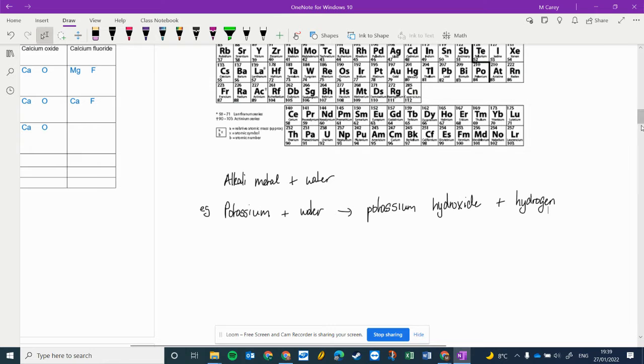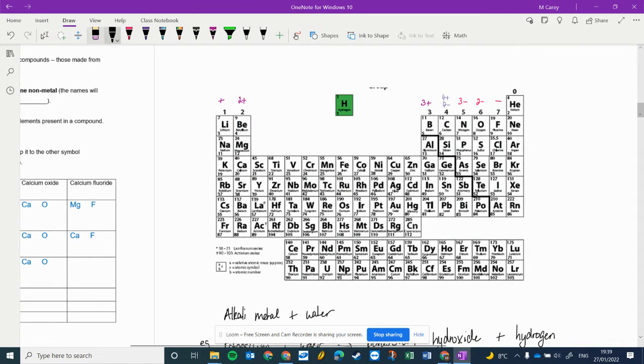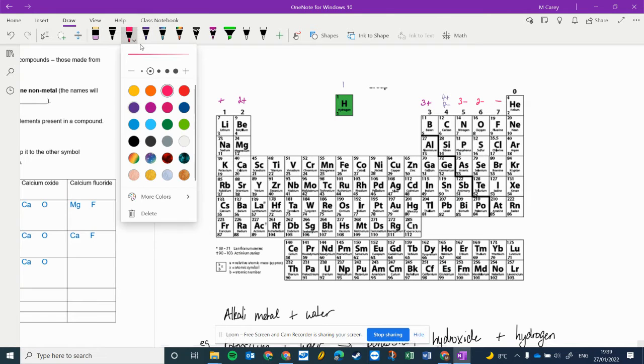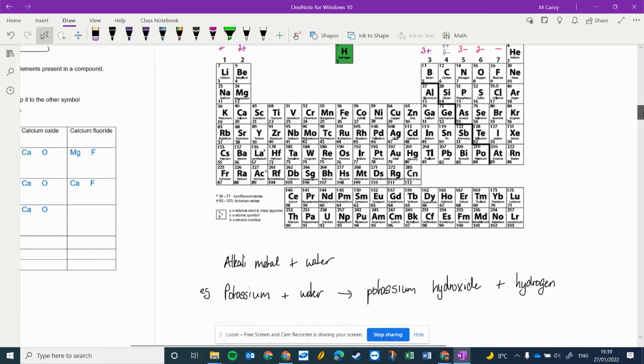That was in video 1. We're going to look at the compounds now. And I forgot about hydrogen, actually. Hydrogen is kind of weird because even though it's a non-metal, it actually forms a single positive charge. So it ends up as H plus. It loses its 1 electron. That might be useful to know.